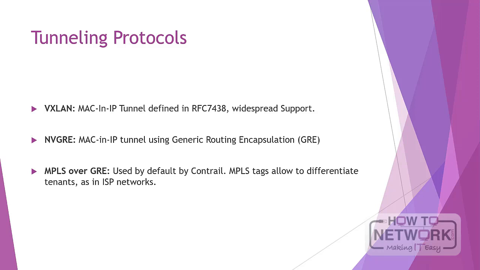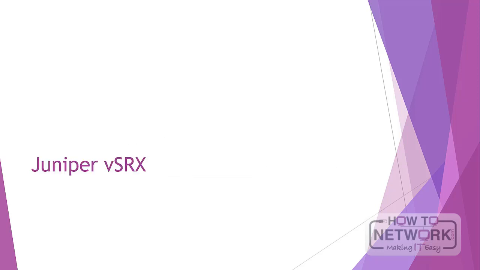Very much like the abilities that MPLS provides to a service provider to tag different clients or tenants and differentiate traffic with tags. Well, SDN uses the same to enforce multi-tenancy and to differentiate the flows and be able to manage them in an agile way.